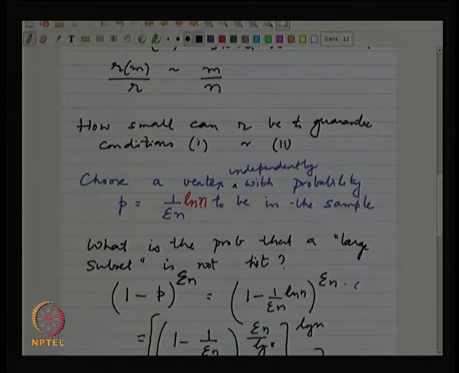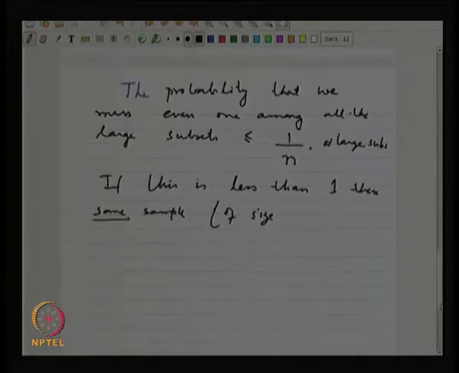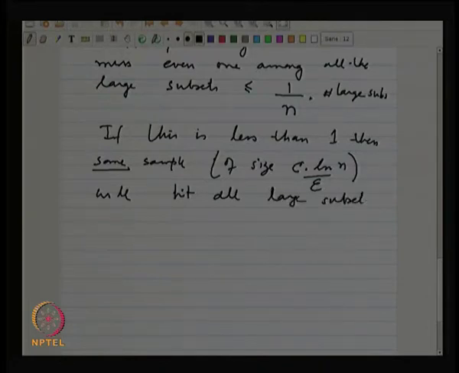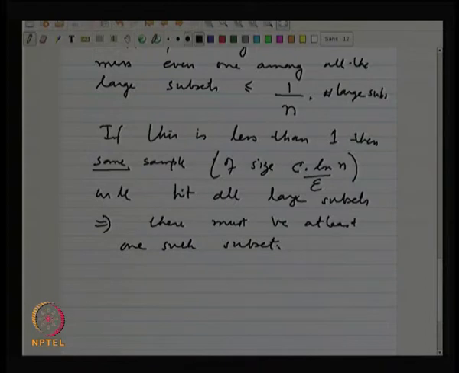You multiply that by n, that is your expected sample size, right. Some sample of size, let us say some c times log n over epsilon, will hit all large subsets, implying there must be at least one such subset. So, this is an existential proof.